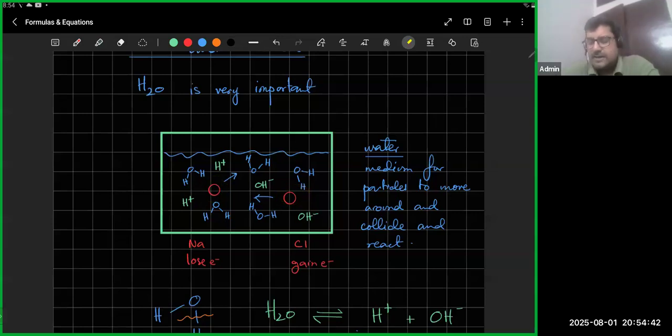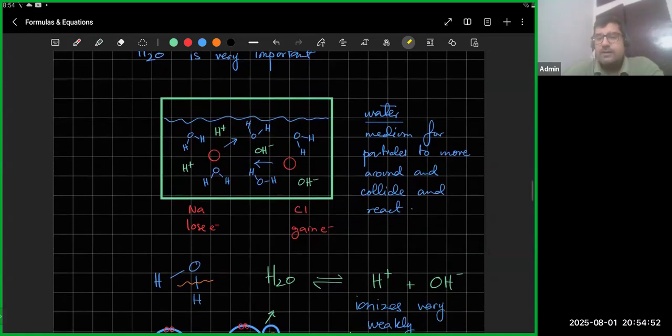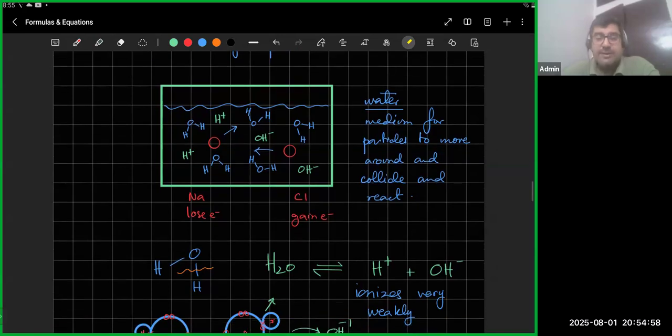So your blood, that I told you was a medium that carried all the particles, took things away from the cell, provided things to the cell. So without water, the transportation will not be able to take place, and the particles would never be able to meet each other. So for chemistry to happen, water is extremely important.